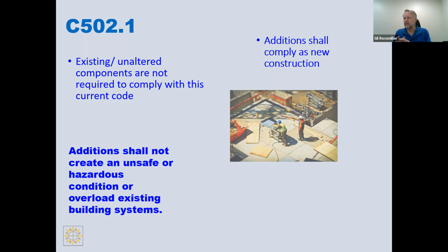They won't consciously overburden or overload any existing system, whether it be the fire suppression, the water supply, sanitary, or structure or any of that. We're getting that stuff anyway. So if it's an issue, it complies.